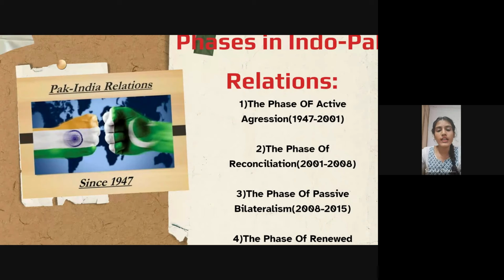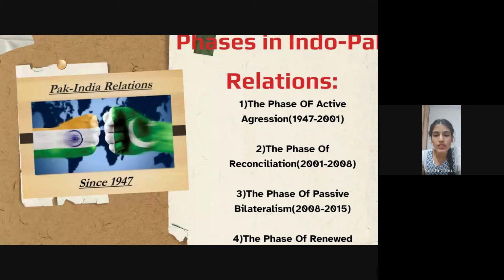Moving forward, here are the phases in Indo-Pak relations. There are four phases, and through these phases, we will understand how the history of conflicts came up. The very first phase is the phase of active aggression. During this time, there was a series of wars and conflicts between both nations, and it was from 1947 to 2001.